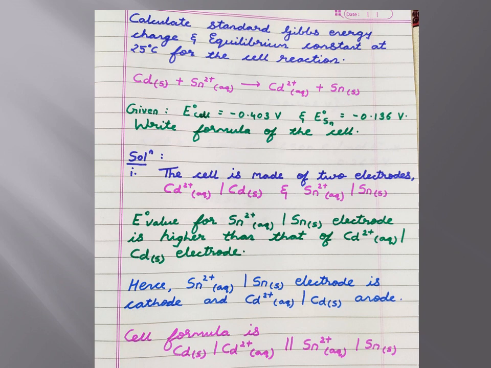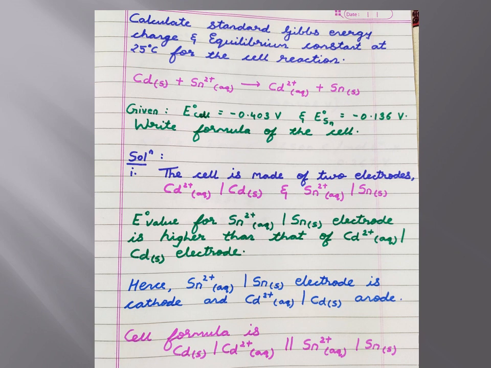Cd2+ and Sn2+ are the aqueous solution of the ions, and Cd and Sn represent the metal electrode. Now this Cd is the anode and it is written on the extreme left, whereas tin is the cathode as it is written on the extreme right hand side.